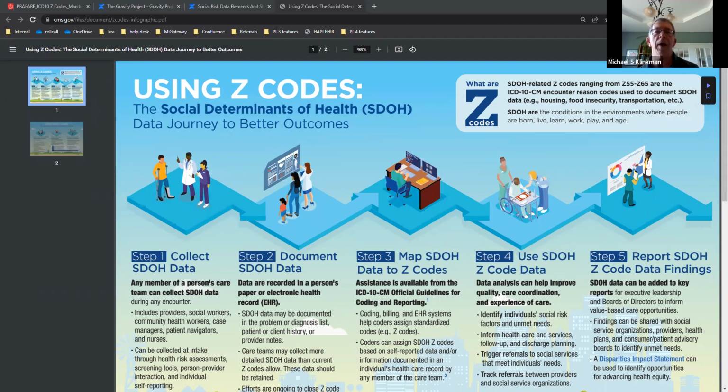That's going to be a topic of conversation over the next few Gravity Project technical meetings, to see whether or not step 1 to step 3 of this Z code guide that Mike's displaying is going to give us valid information. We saw in SIM, at least in one of the sites, that from step 1 to step 3 we lost over half of the positive respondents to a screening question when we tried to vet their answers to see whether they had a problem that was current and for which they needed help.